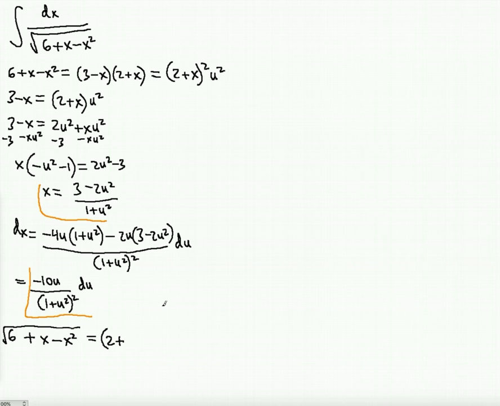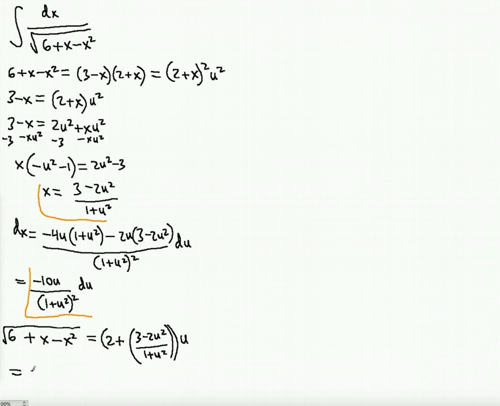But what was x in terms of u? Because we need to have everything in terms of u. So 2 plus x, where x was this: 2 plus (3 minus 2u squared) over (1 plus u squared), times u, and u is just u.